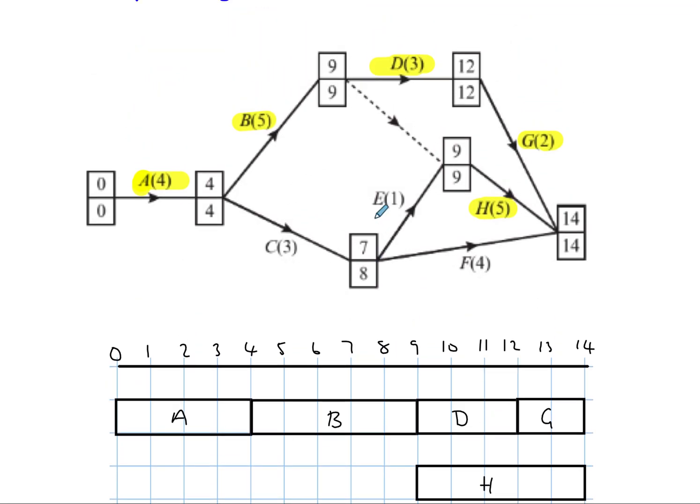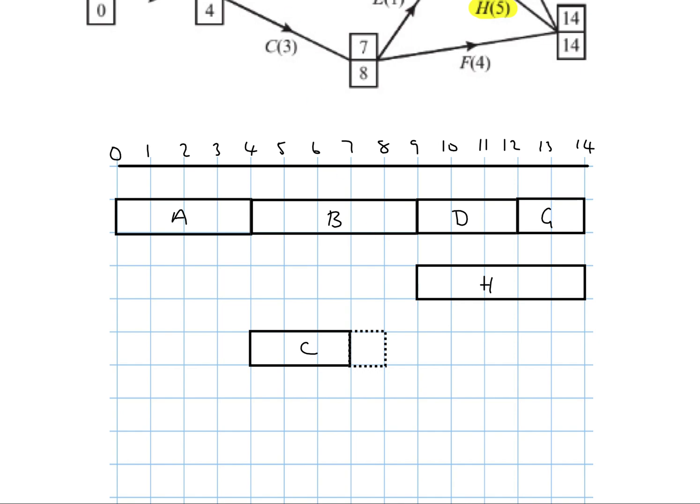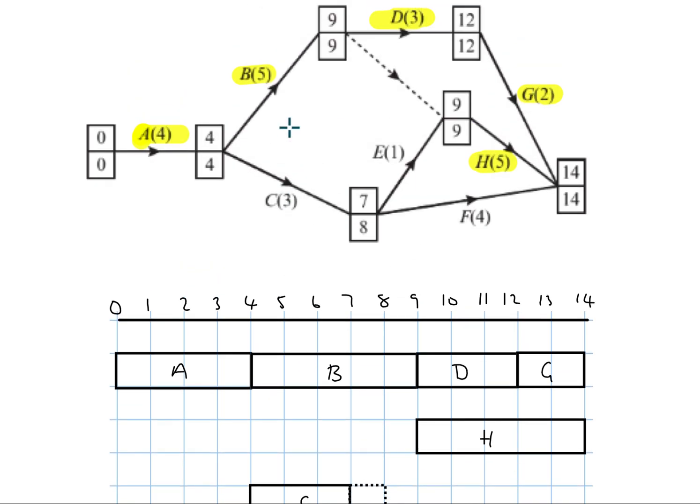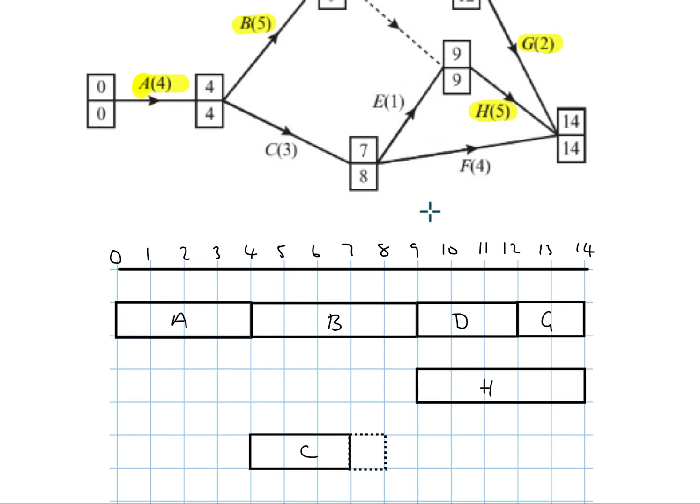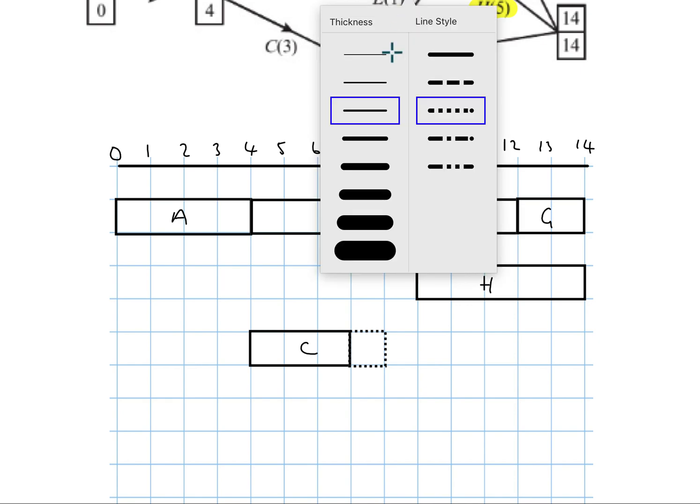The next activity I'm going to look at is E. E has an early time of 7, but can be finished as late as time 9. So E can start at time 7. I just need to go back to solid lines.